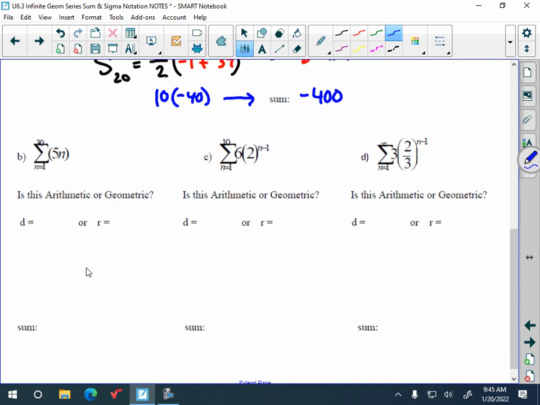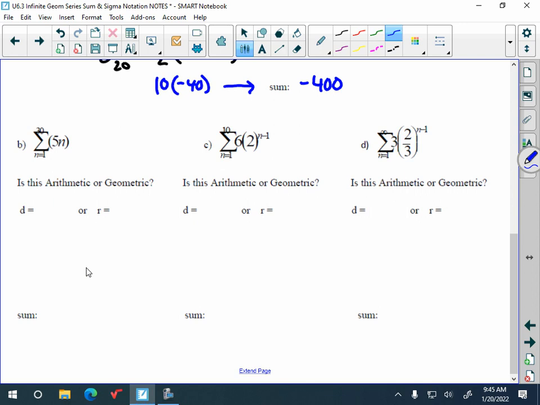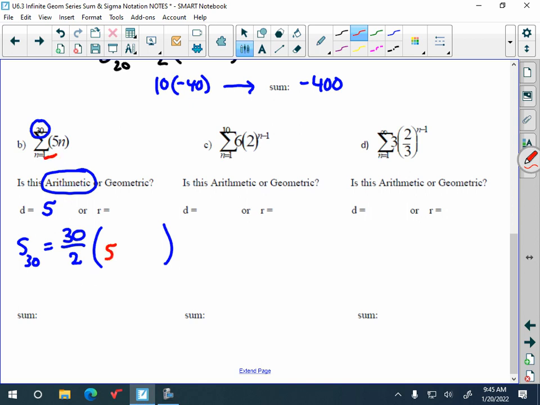All right, so let's do B. Is this arithmetic or geometric? It's arithmetic again. What's D? 5, good. So we'll look at the top number in our problem, 30. So we're looking for S sub 30. So 30 over 2 times A1. So what's the A1 term? 5, because you're plugging 1 in for n.